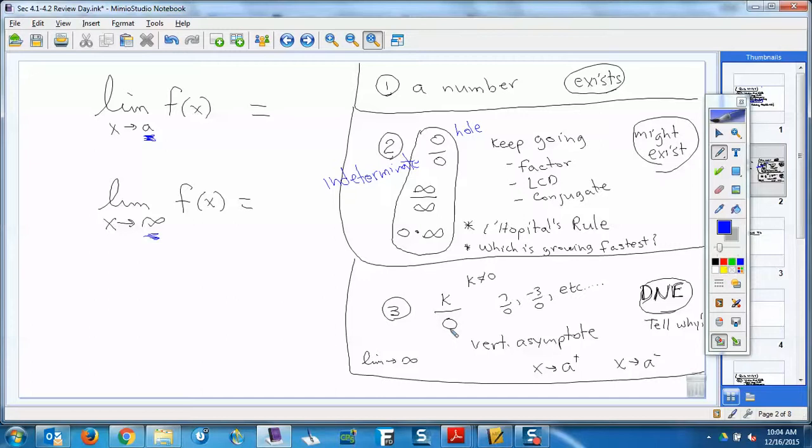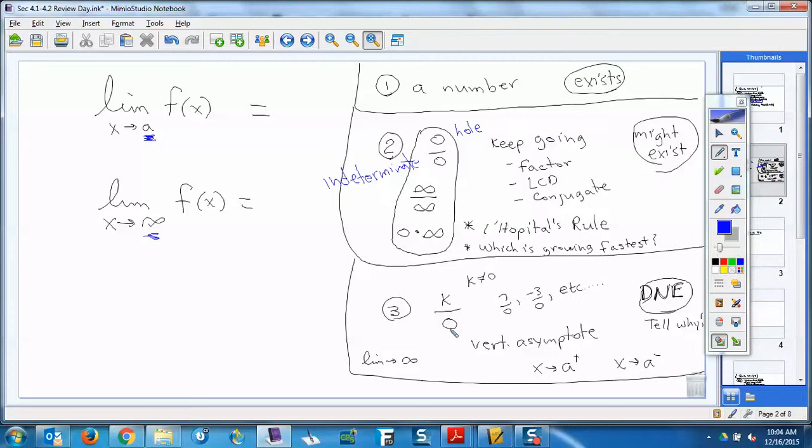So when you get a number over 0, yes, that means infinity. It means vertical asymptote. We just don't know if it's going to positive or negative, and I want you to tell me which it's doing. So that's why you keep going as far as adding in this extra information. You check the left and the right to tell me if it's going to positive or negative infinity. That's the only difference. And if we get a number over infinity, it doesn't matter here if it's plus or minus infinity.